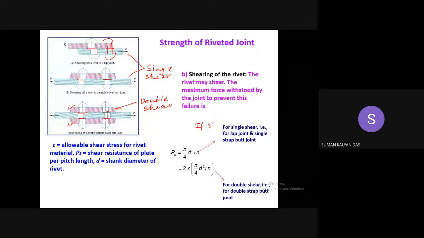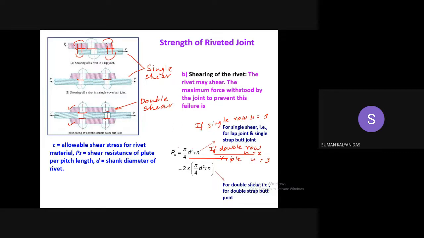Yeah, if it is single row, N is equal to 1. If it is double row, N equal to 2, triple row 3, like this. Okay, triple row N equal to 3. Triple মানে এখানে ধরো আরেকটা আছে, so for total failure this also has to fail. So that's why it has to be multiplied by 3.